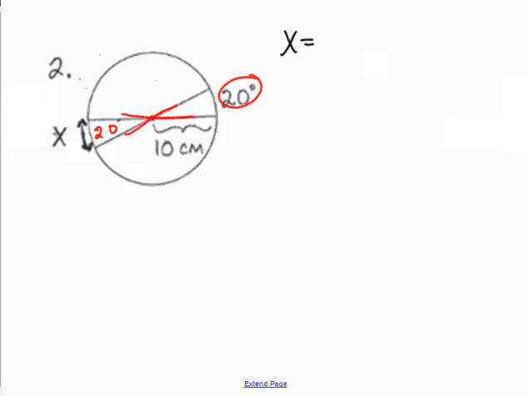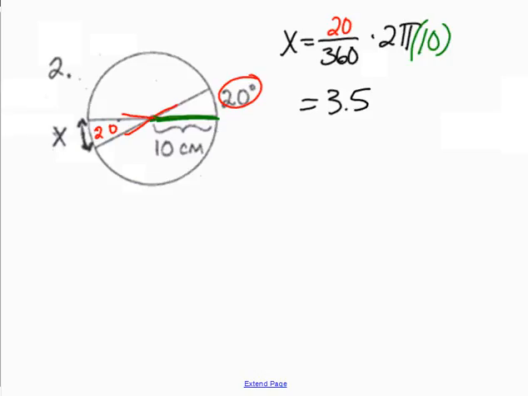So we're going to say 20 over 360 times 2 times pi times the radius. Well, they gave us the radius. You type that into your calculator, and you end up with 3.5 centimeters.